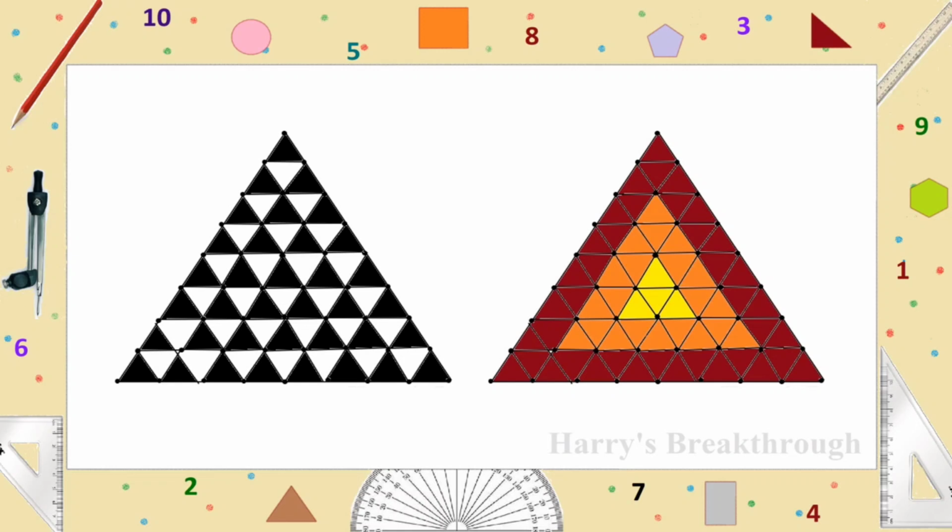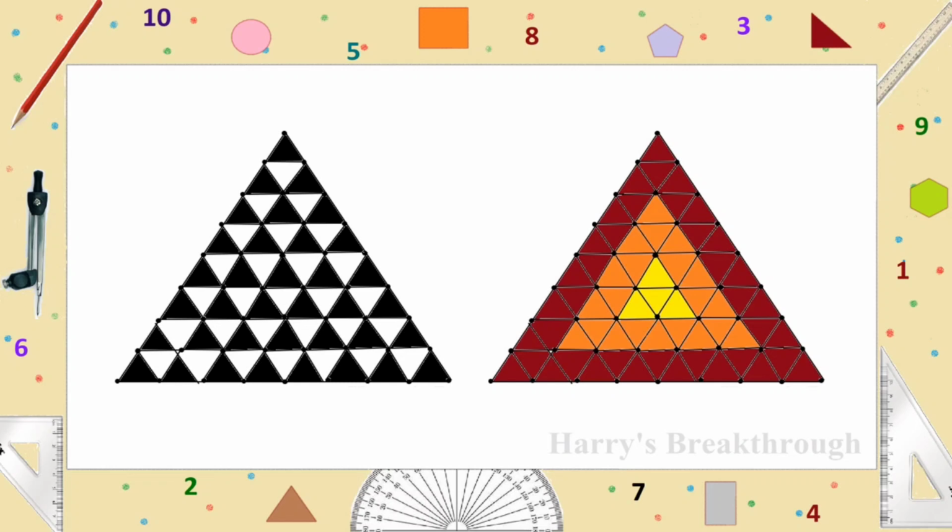And these are 2 examples. In the first example, I have given white and black colors here. Like that, you can do, or you can color it with any of the colors.